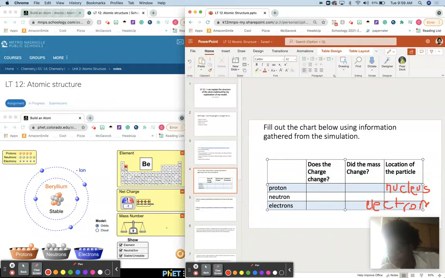One moment. The electron cloud. Good. All right, you should have this filled in now.